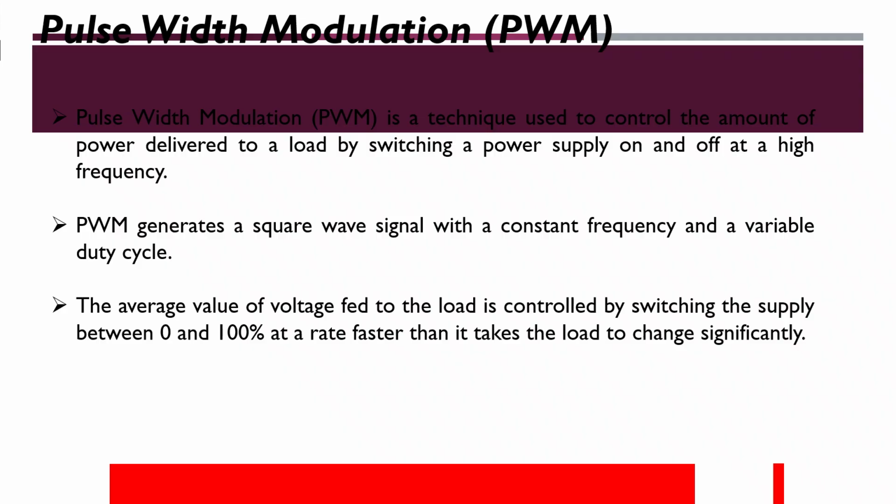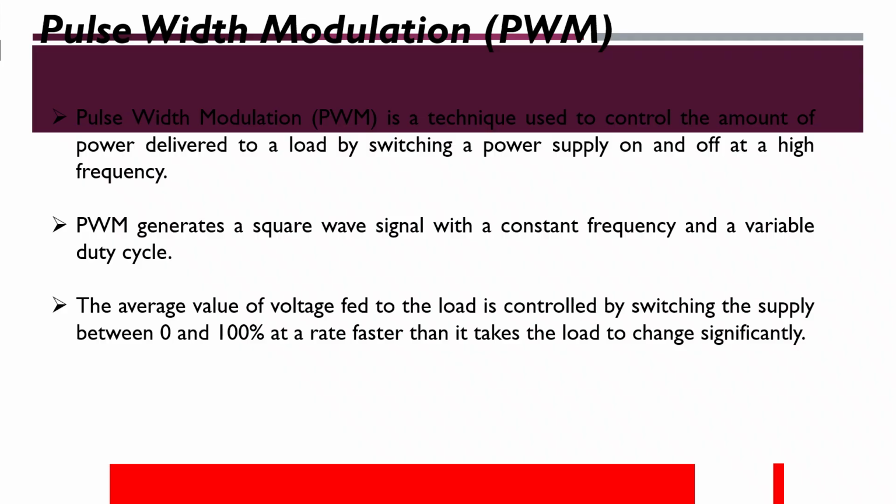So pulse width modulation is a technique for controlling by switching the supply on and off. Instead of changing the voltage level, PWM changes the on time, that is the pulse width, while keeping the voltage constant.